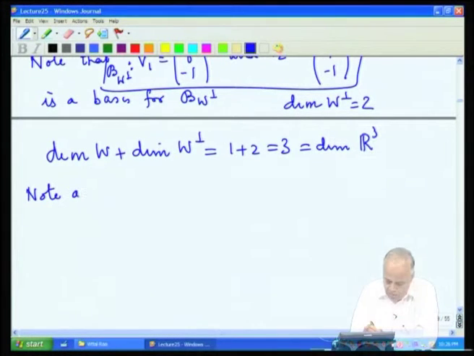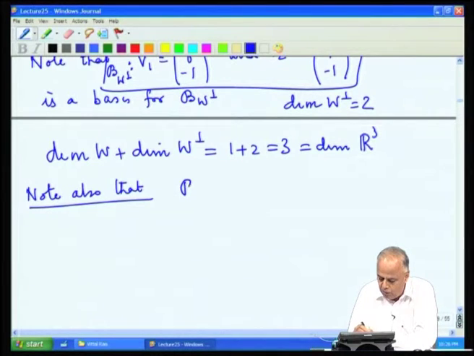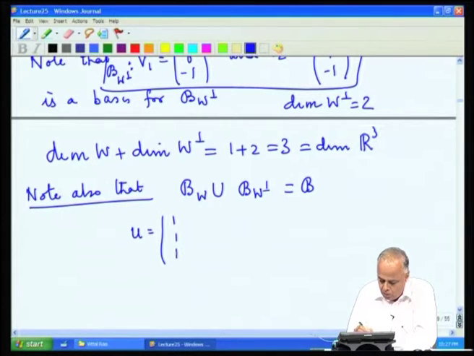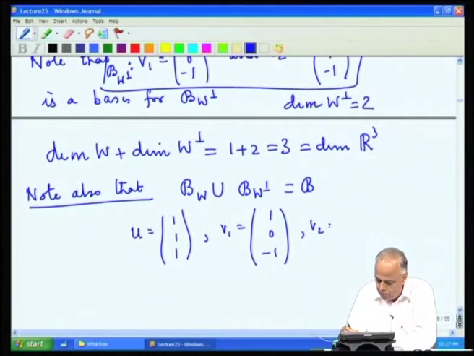Okay. Note also that we have this basis for W and we had the basis for W perp, and if you put them together we get a set B which consists of these vectors u, which was 1 1 1, and V 1, which was 1 0 minus 1, and V 2, which was 0 1 minus 1.